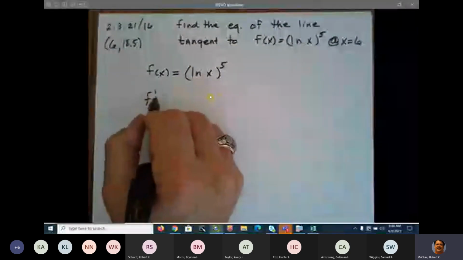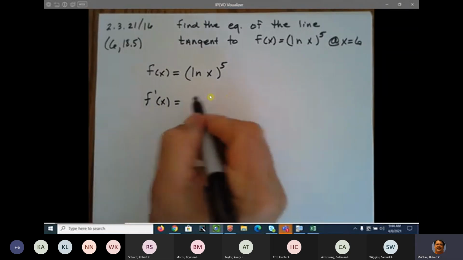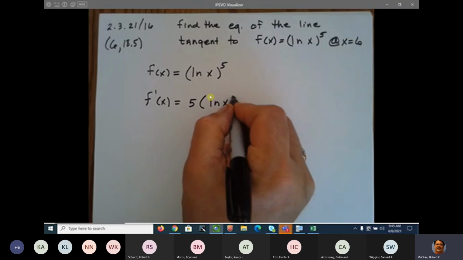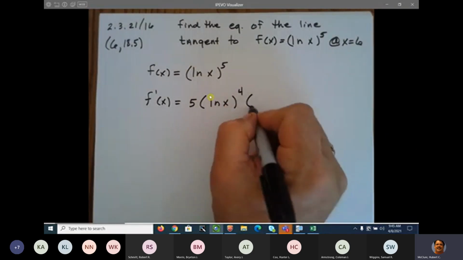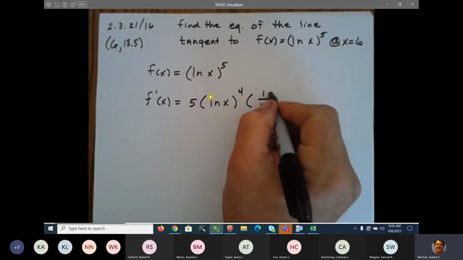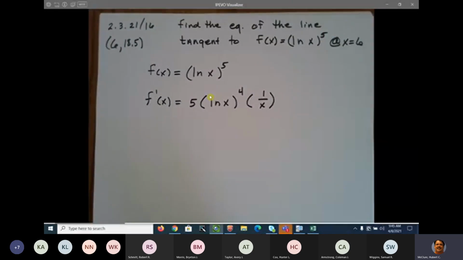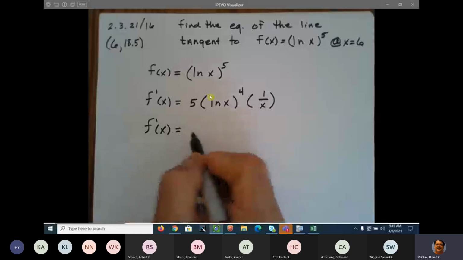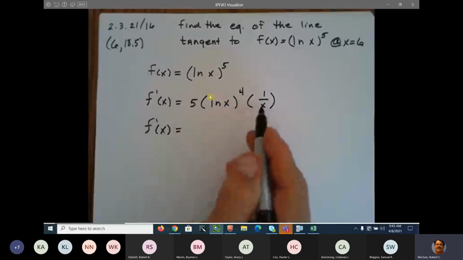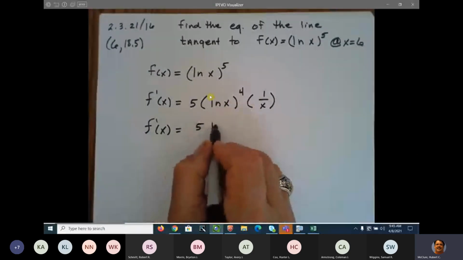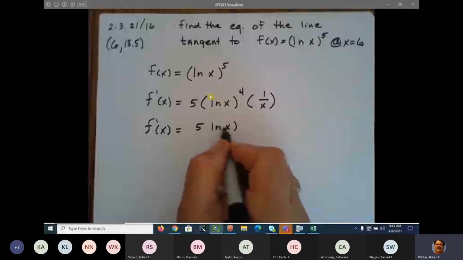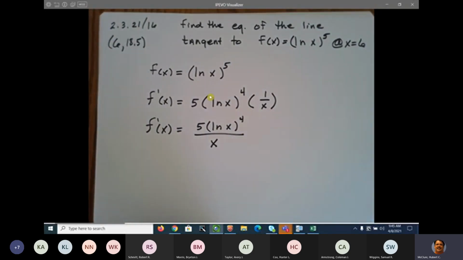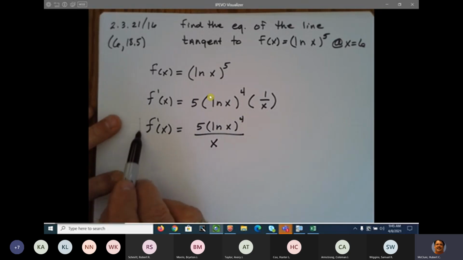So f prime of x is equal to 5 natural log of x to the 4th times 1 over x. And that's going to be f prime of x is equal to 5 natural log of x to the 4th power over x. That is the derivative.